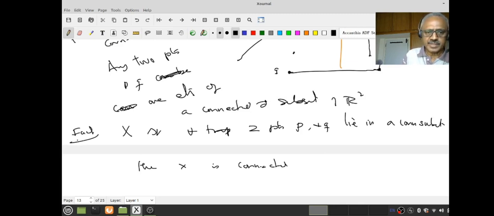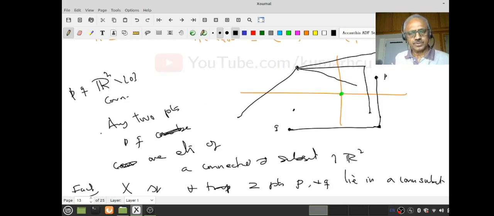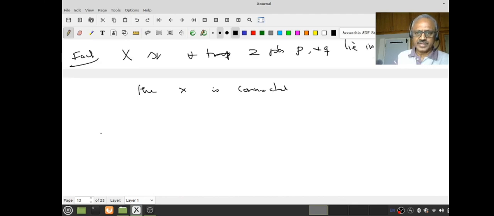This is a fact we had already seen. This is the first application. Therefore R2 minus the origin will be connected. Do you follow that? This kind of logic has a very important reason why I did that, but let's not worry about it. So I leave it as an exercise to prove this rigorously.